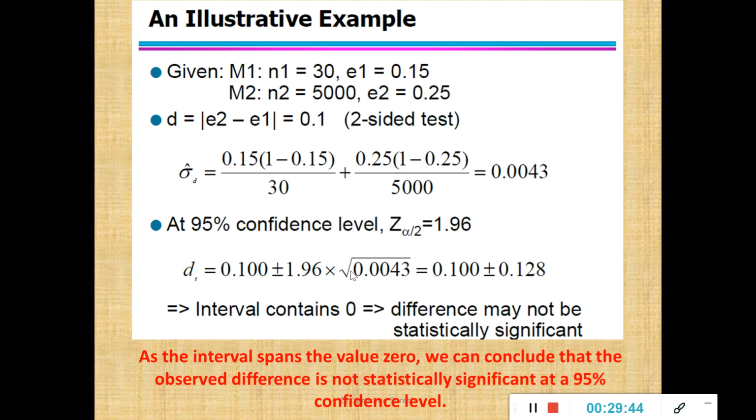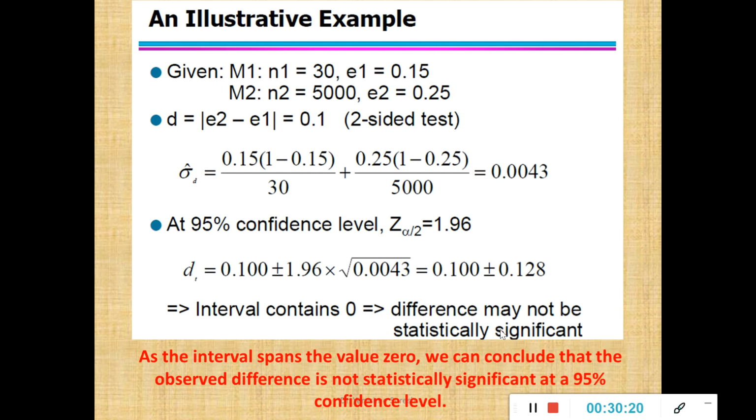That is what I've written here, square root of 0.0043, and if I substitute, I'll get a value of 0.1 plus or minus 0.128. If I find the upper and lower limits, the true difference dt will vary from minus 0.028 to 0.228. That means within this interval you will obviously find 0. If the interval between the lower bound and upper bound contains 0, then I can conclude that the difference may not be statistically significant.